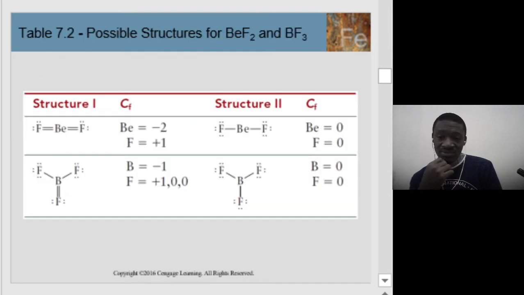So there are possible structures for beryllium fluoride and boron fluoride. Notice the difference in formal charges. In this case, -2 and +1. In this case, 0 and 0.